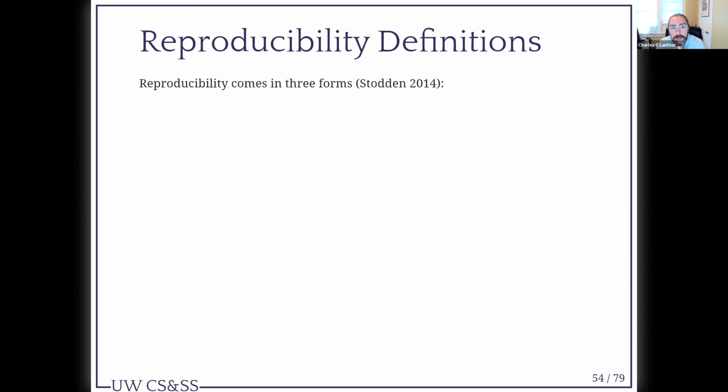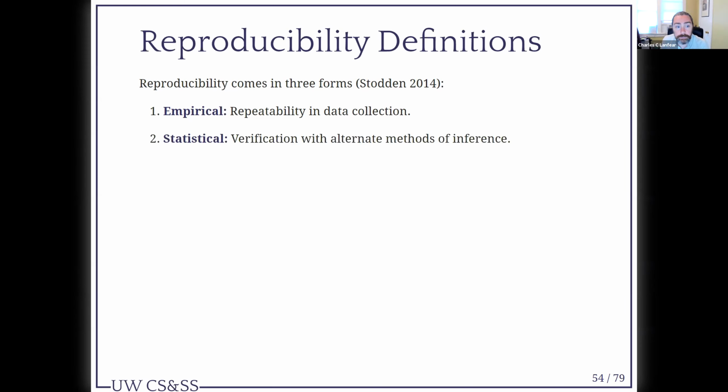Okay, so definitions of reproducibility. Reproducibility comes in sort of 3 basic forms. The first is empirical reproducibility. This is reproducibility in data collection, that being the actual procedures used to generate the data. If you did it exactly the same way, you'd get exactly the same result. The next is statistical reproducibility.